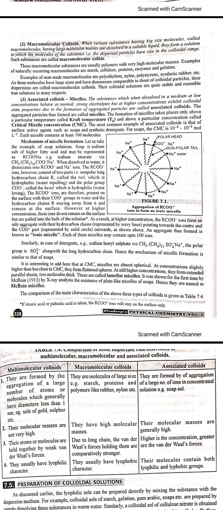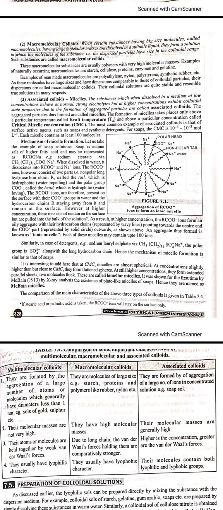The RCOO- ions, however, consist of two parts, that is, a non-polar long hydrocarbon chain R called the tail, which is hydrophobic, that is water repelling, and the polar group COO- called the head, which is hydrophilic, that is water loving. The RCOO- ions are therefore present on the surface with their COO- groups in water, and the hydrocarbon chains are staying away from it and remain at the surface.